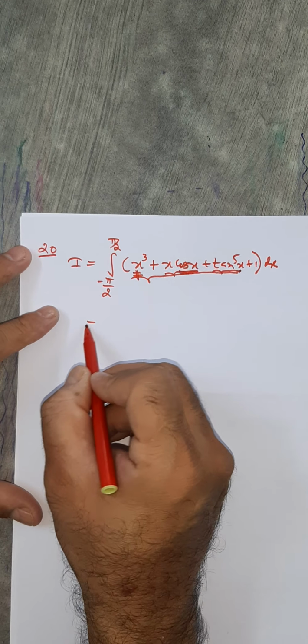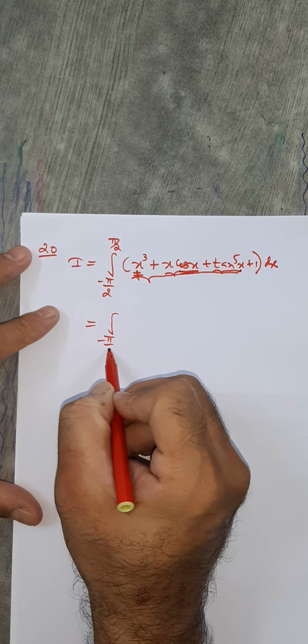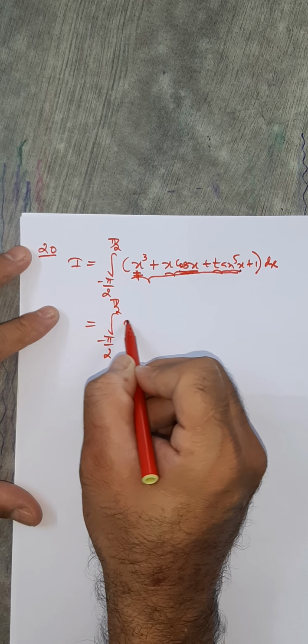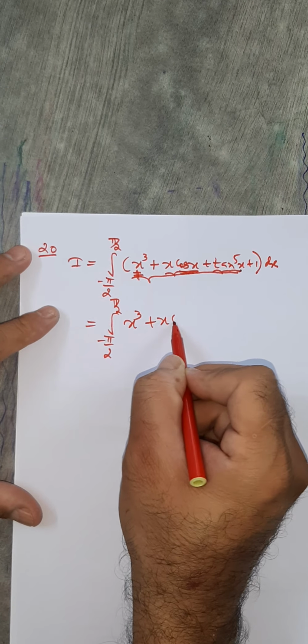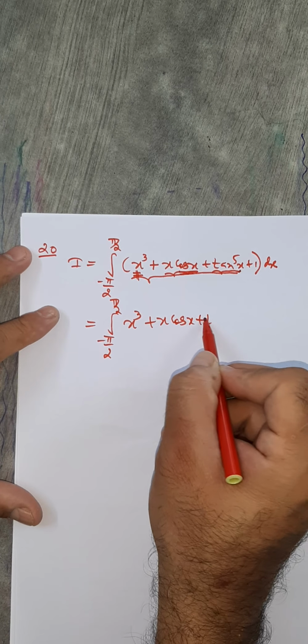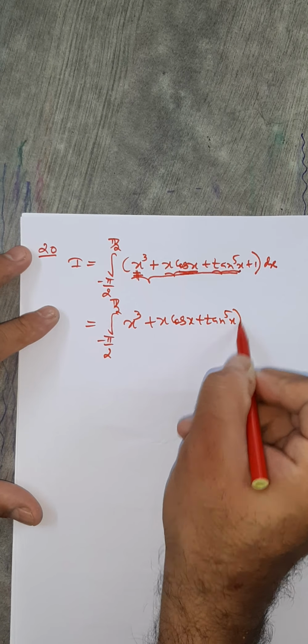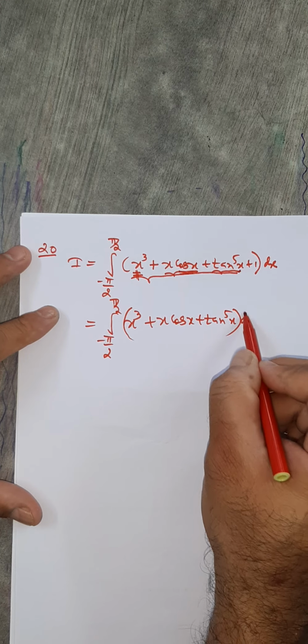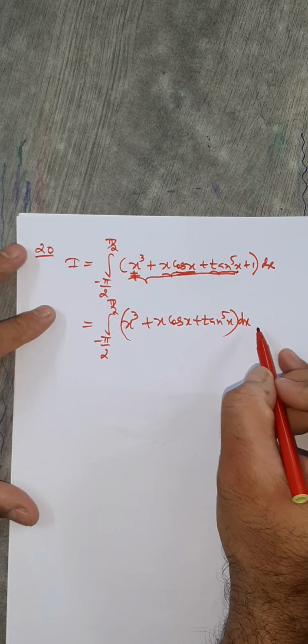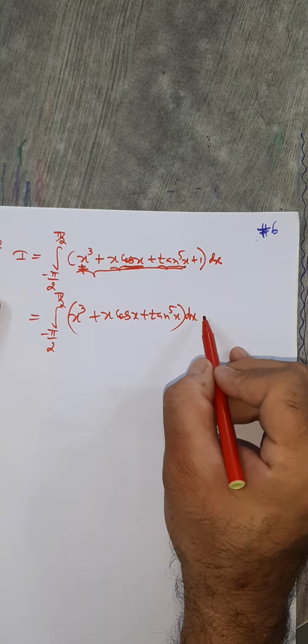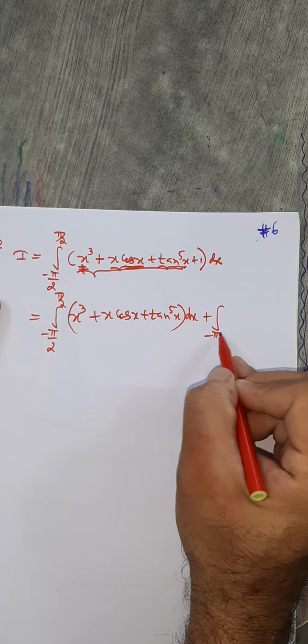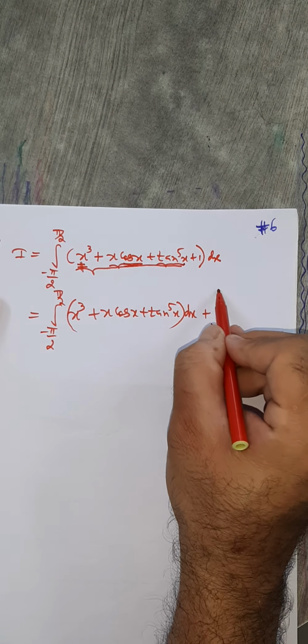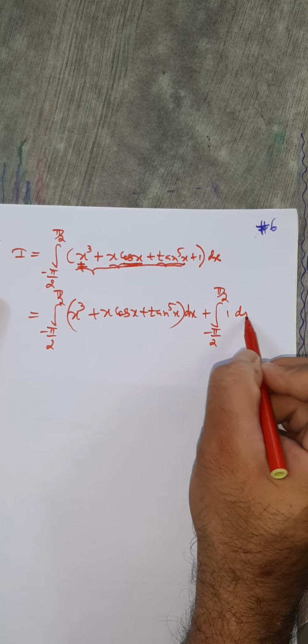We just split it this way: integral minus pi by 2 to pi by 2 of x cube plus x cos x plus 10 raised to 5 x. Why are we thinking of even or odd? Because here you have opposite limits. Plus integral minus pi by 2 to pi by 2 of 1 dx.